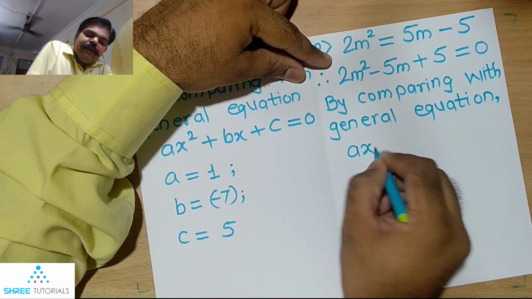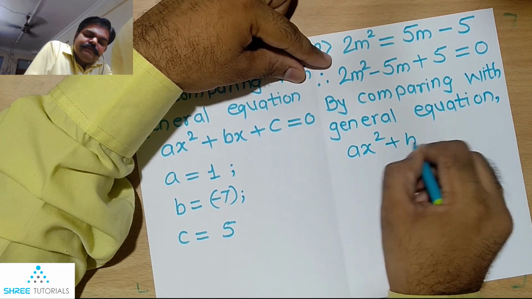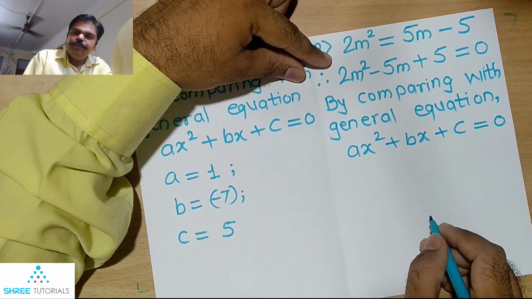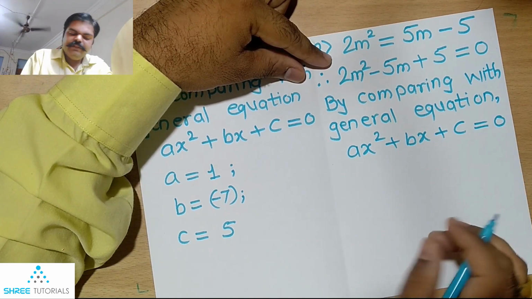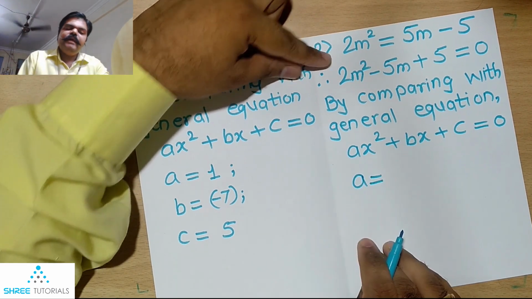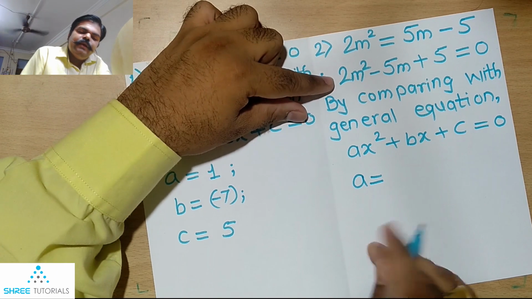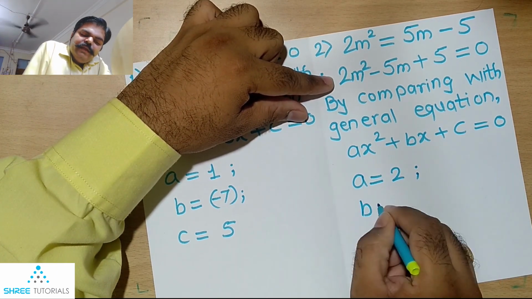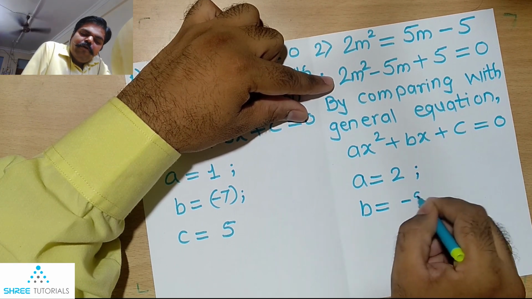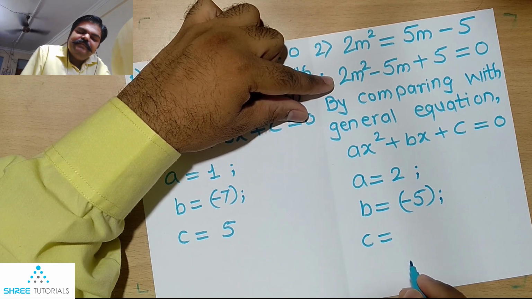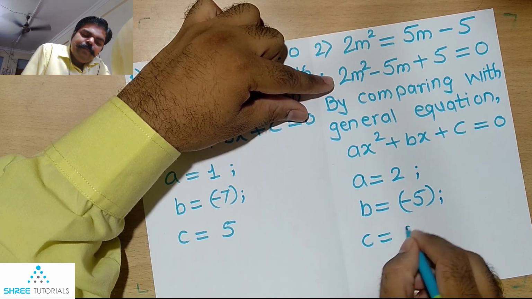That also we will write: ax square plus bx plus c is equal to 0. Once we are done with the comparison, we will come to know that a will be equal to 2, b will have a value of -5, whereas c will have a value of +5.